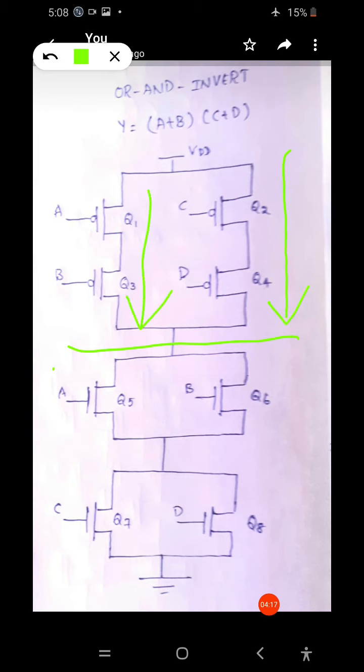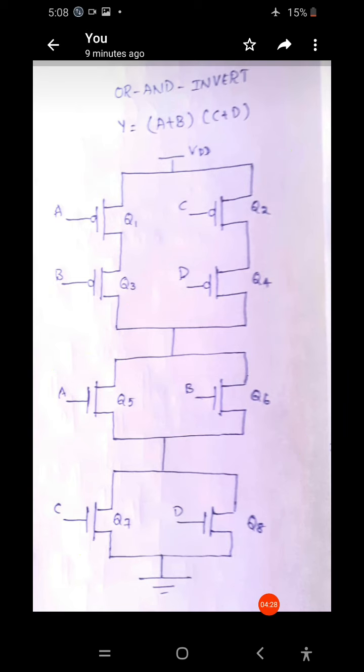Here this is the pull-down network, where the NMOS transistors are connected in parallel, because it is an OR operation, right? The output is taken from here. We can write the output here, whether it is Y or whatever. In this way we have to connect OR and invert logic.